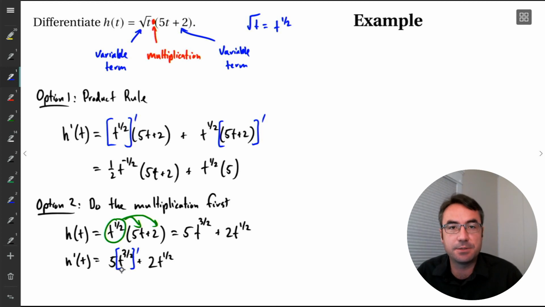So that's constant multiple rule. And then when we apply the derivative here, the 2 is just a constant multiple, so we can really just apply the derivative to that variable term. And we can split them up like this because of the sum rule, because we have addition in between. So just calculate the derivative now.